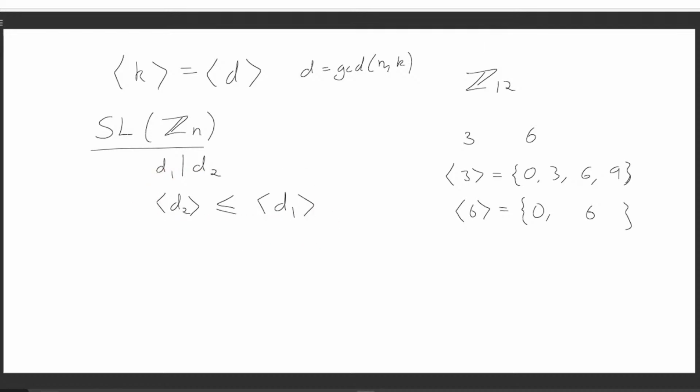So what does that tell you about the subgroup lattice of Zn? If you read the part about lattices, the subgroup generated by 0 will be the trivial subgroup. The subgroup generated by 1 will be the whole group.